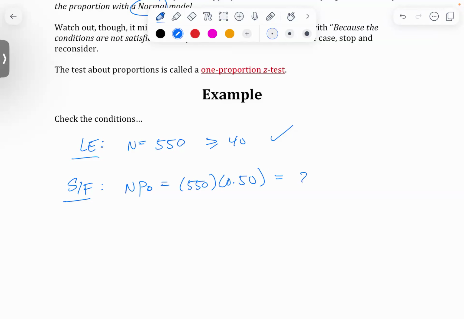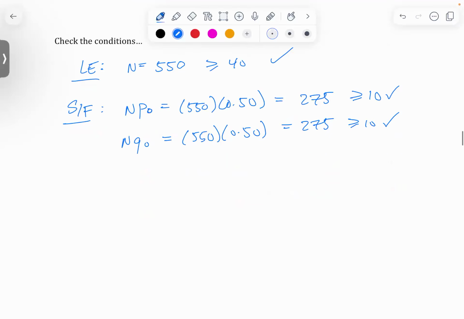550 times 0.5 is 275, greater than or equal to 10. That is satisfied. And Q0 is the same because 1 minus 0.5 is still 0.5. 275 greater than or equal to 10. That is satisfied.